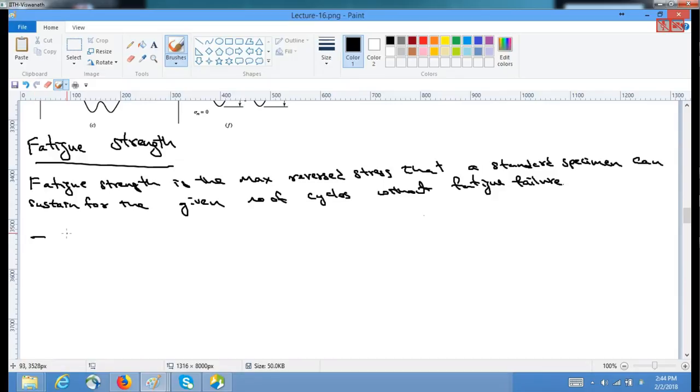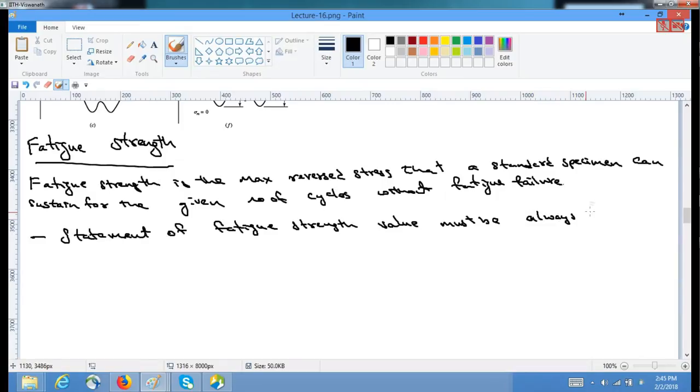The statement of fatigue strength value must always be accompanied by the statement of number of cycles.